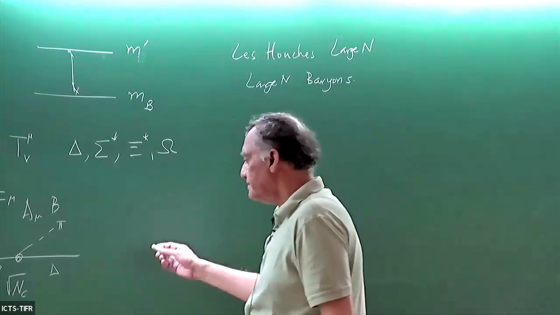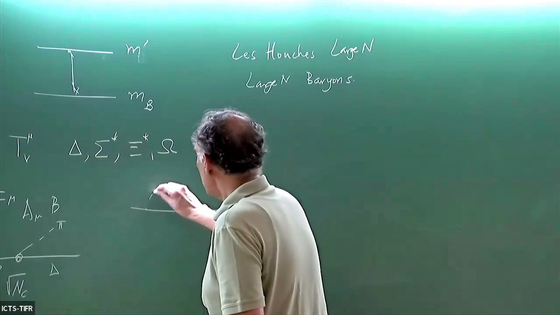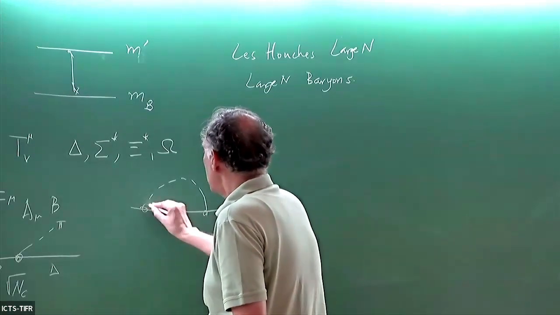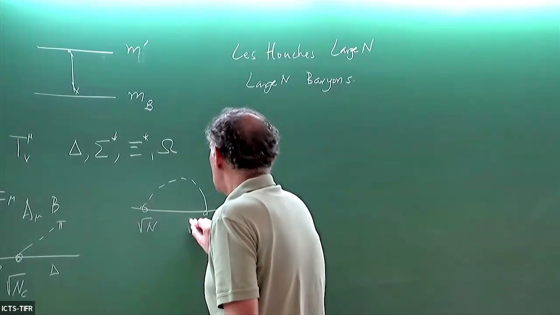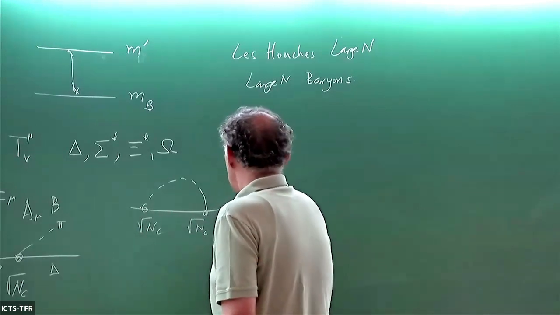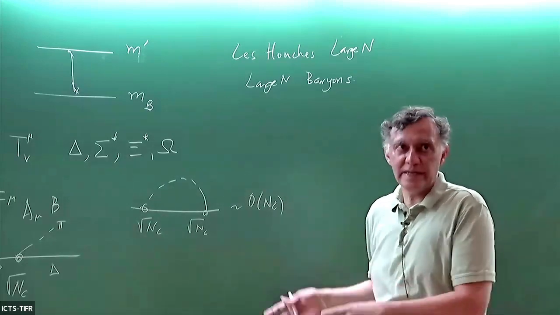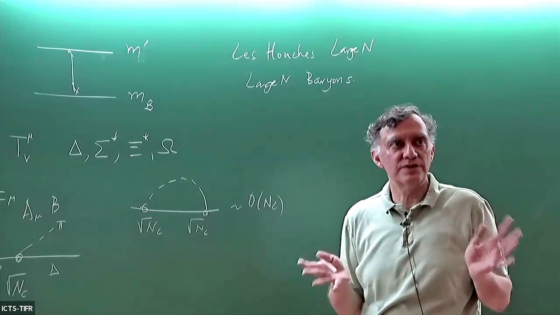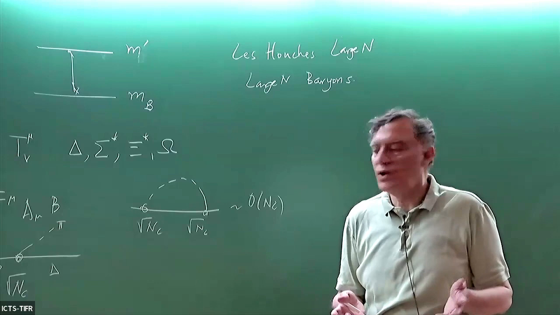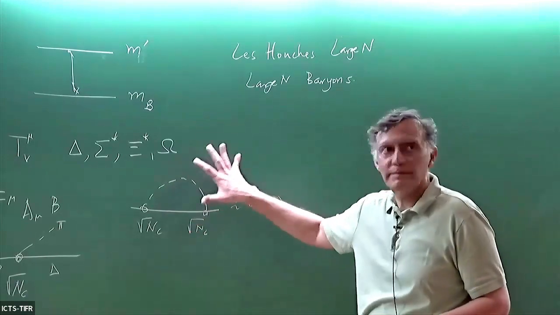If you start doing baryon chiral perturbation theory and you do loops like this, it is order N color. And if you forget about N color and just do it for three colors using the known pi N couplings, these loop corrections are big.